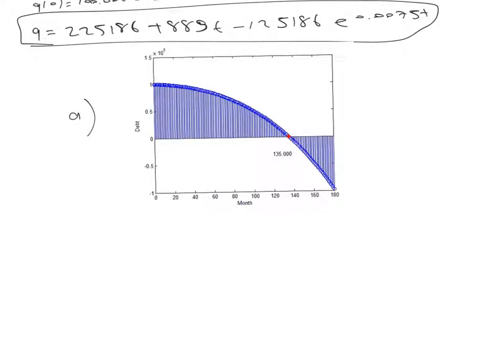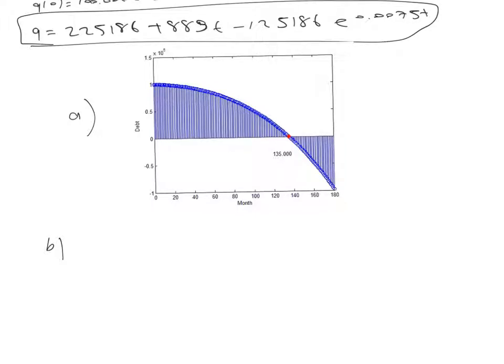And in part B, with the same payment schedule, we are asked to find how large a loan could be paid off in exactly 20 years. Since the initial condition, which is the loan at time 0, changed, we will calculate the new constant C, because we are calculating C by using the initial condition.